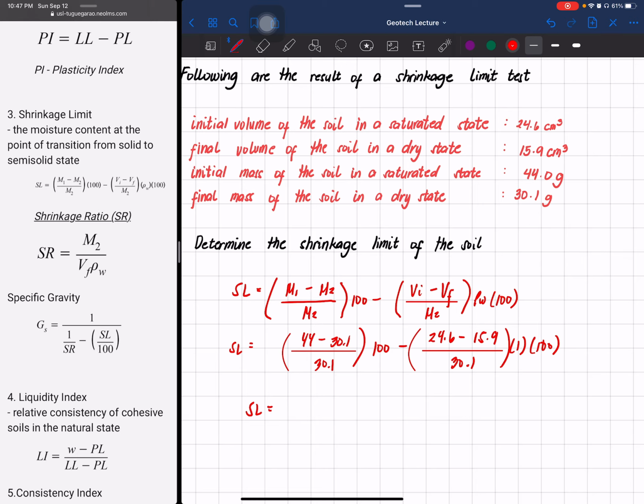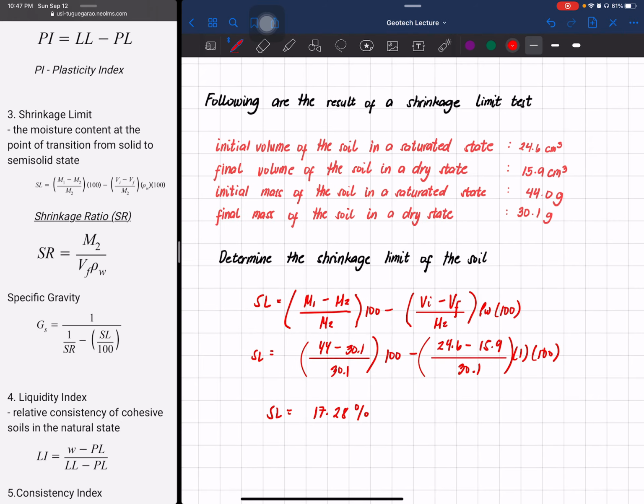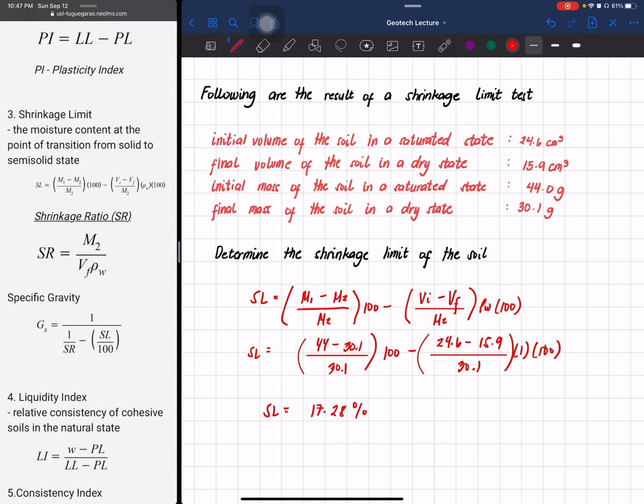Okay, so your shrinkage limit now is 17.28%. Okay, and this is in terms of percent lagi, guys, because this is an Atterberg limit, and Atterberg limits are actually moisture contents.